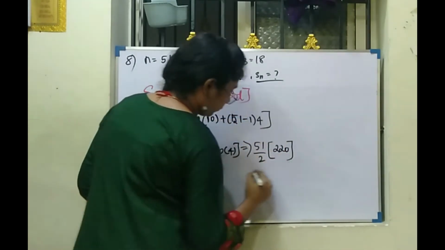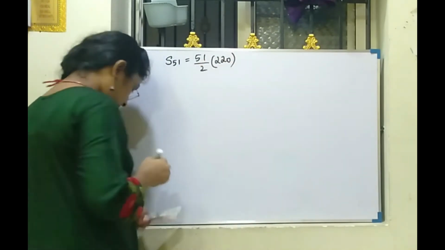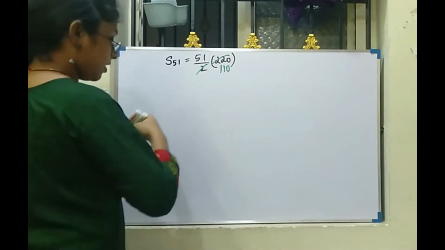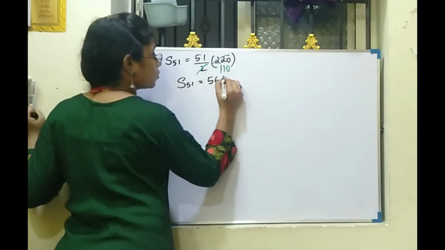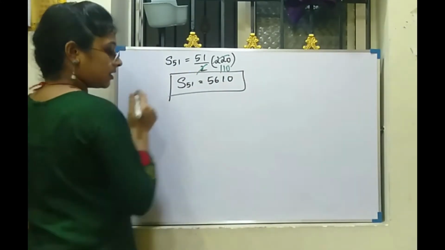Yes, S51 is equal to 51 divided by 2 into 220. We have to cancel this and we will get 110, and the final answer for S51 will be 5610. So the sum of first 51 terms is 5610.